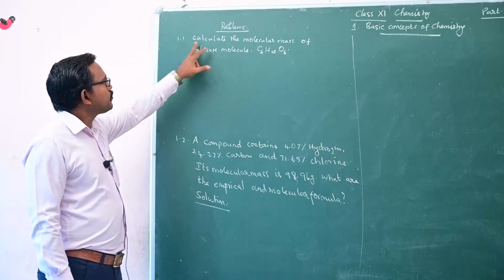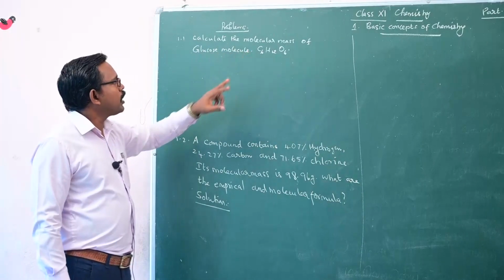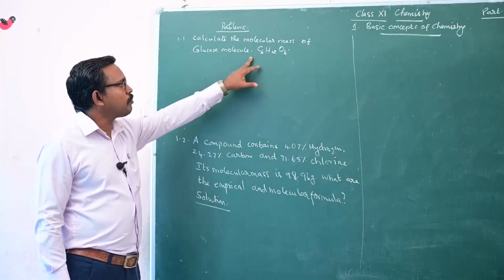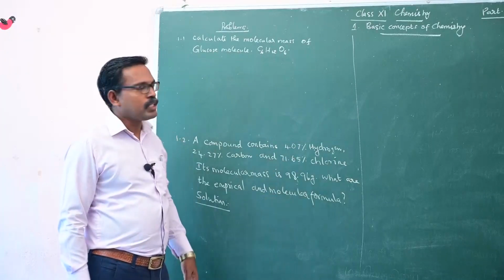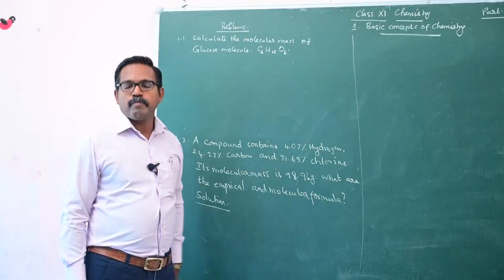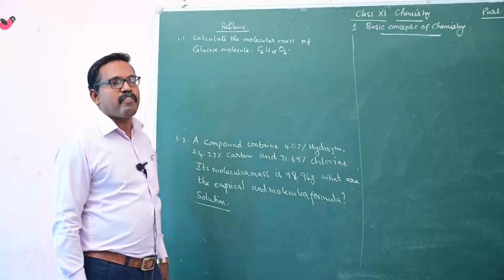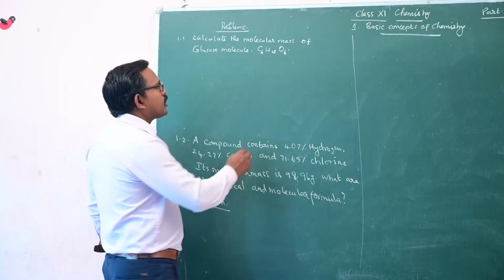Problem 1.1. Calculate the molecular mass of glucose, of molecular formula C6H12O6. For this formula we can find the formula weight or molar mass.